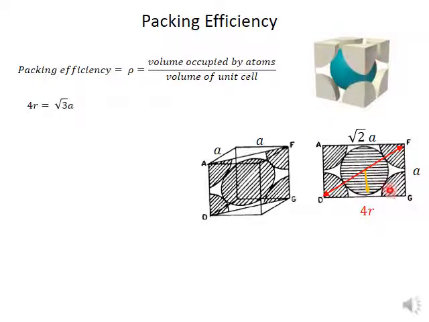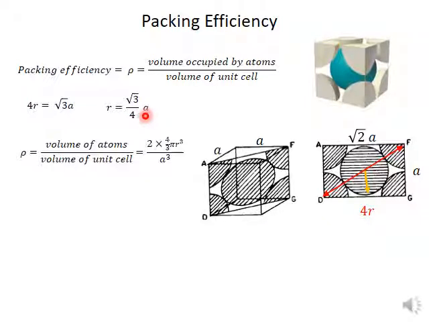So this 4r is basically given by this distance, and you can find this distance from these two distances, which would be root 3 a, and from here you find the radius of the sphere in terms of a, where a is the length of the conventional unit cell. You can find the packing efficiency by finding the volume of atoms.